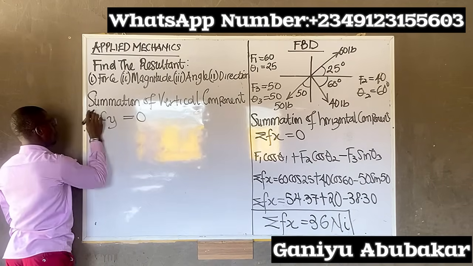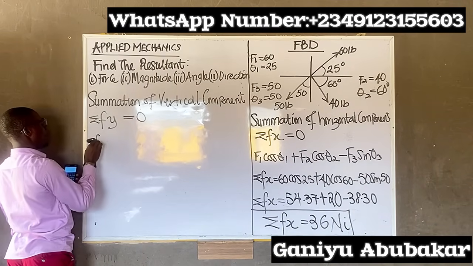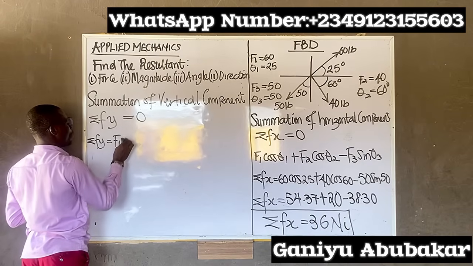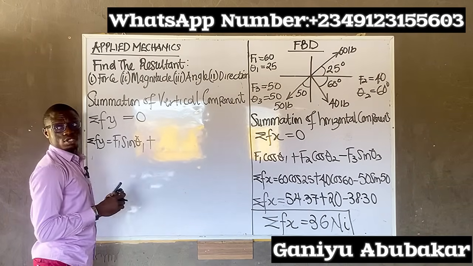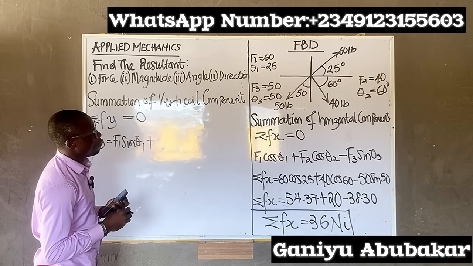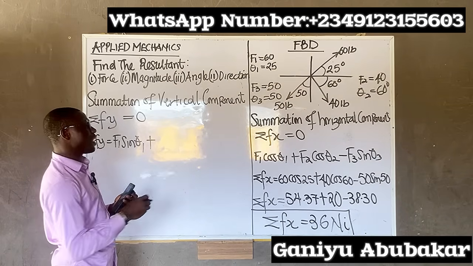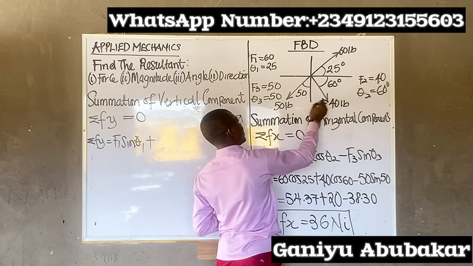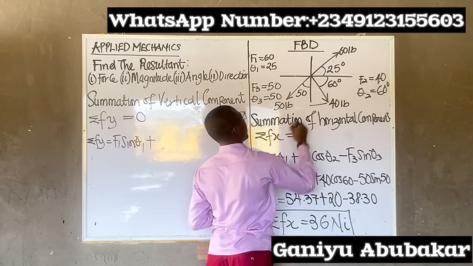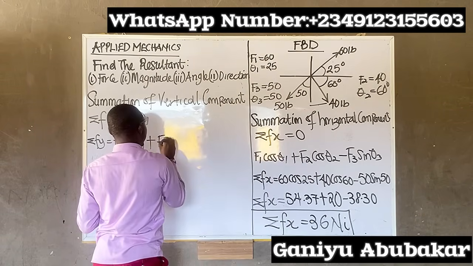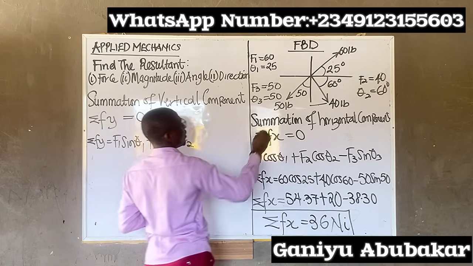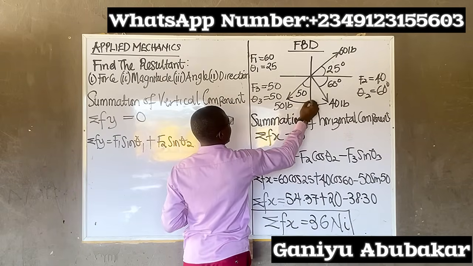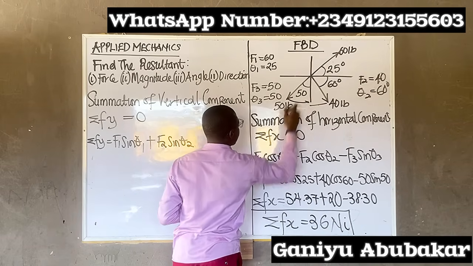That gives you summation Fy is equal to F1 sine theta 1, of course, plus for F2, if I take this one here to the vertical, gives you sine. That gives you F2 sine theta 2. If I take this one here to the vertical, that gives you cos.